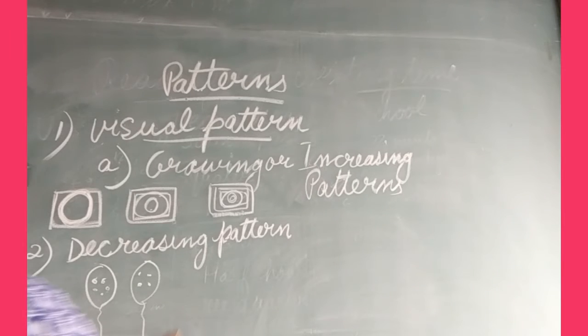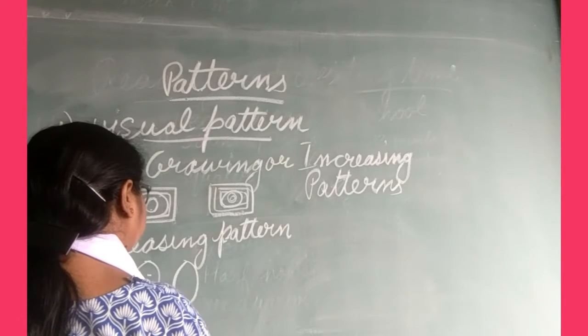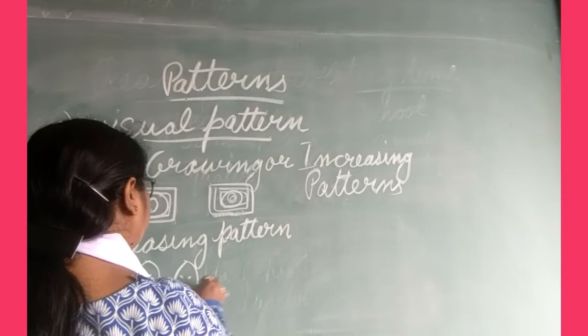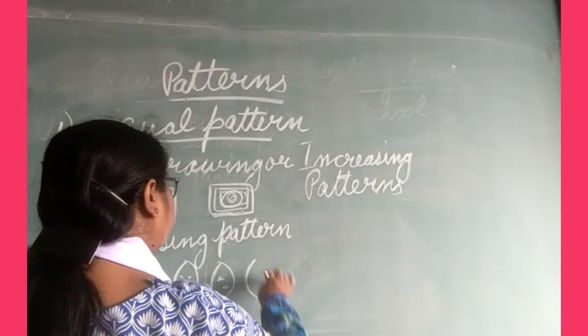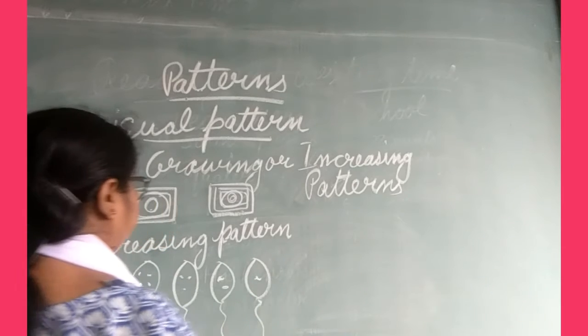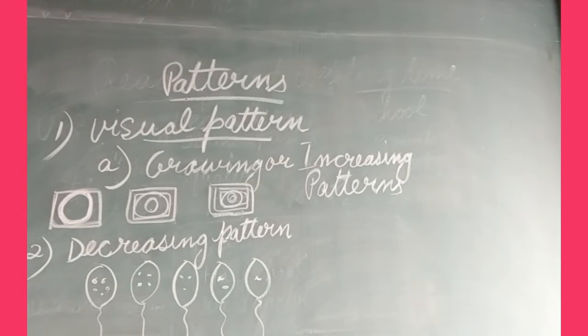In the third balloon there will be 3 balls, in the fourth 2 balls, and in the fifth balloon 1 ball. Understood? In visual pattern, number 2 is the decreasing pattern.